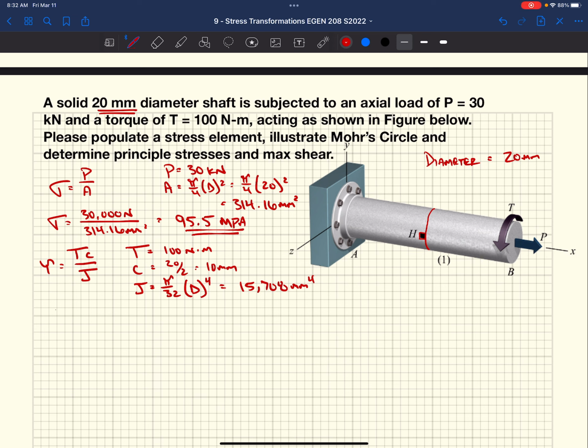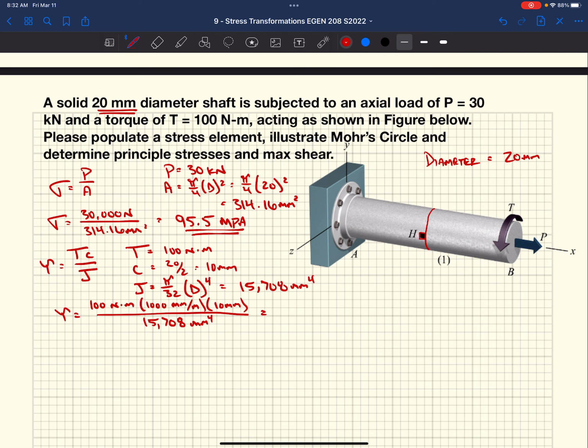So we can figure out the shear stress in this bar. We will have 100 newton meters, which I'm going to convert to millimeters, so 1,000 millimeters per meter, times 10 millimeters, our maximum radius, over our J, which we said was 15,708 millimeters to the fourth.